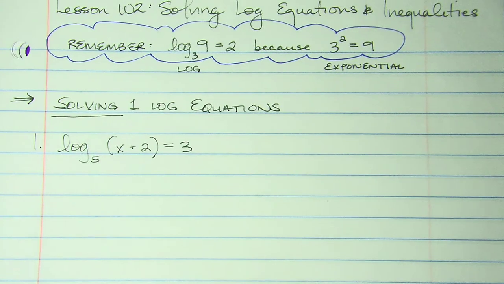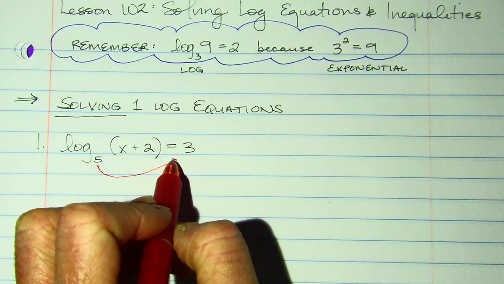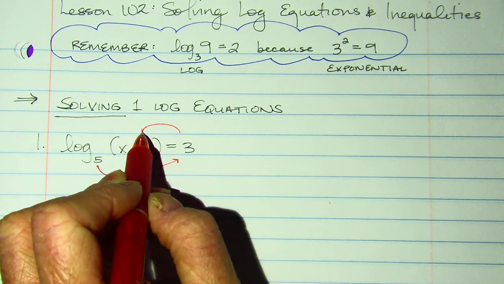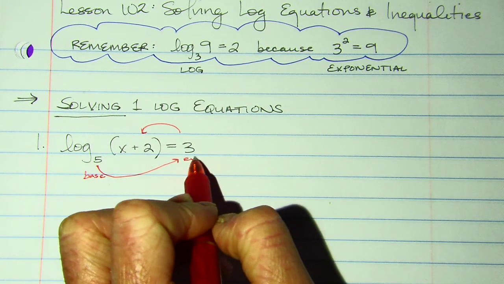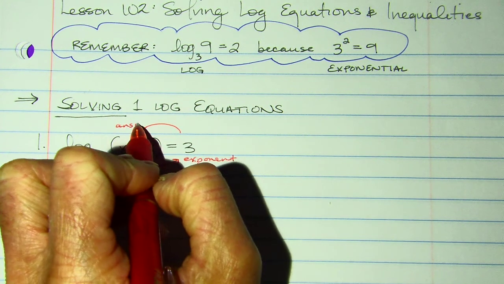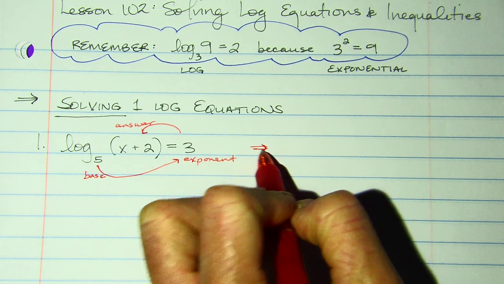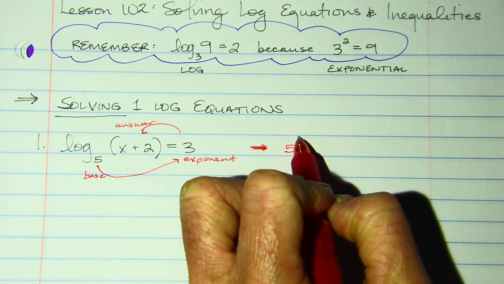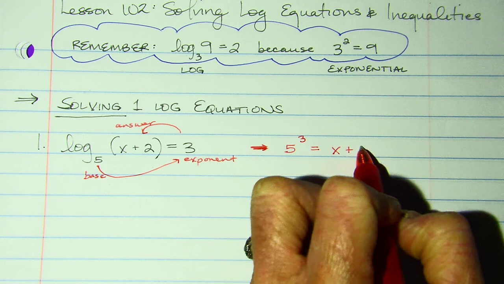If I'm going to write this in exponential form, I start with my base, then my exponent, then the answer. So to solve this, I'm going to rewrite this to be 5, and then the 3 equals x plus 2.